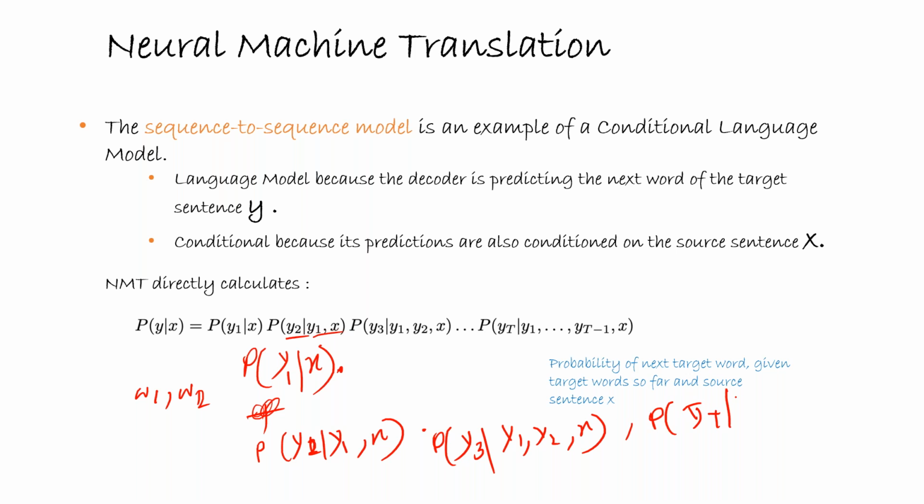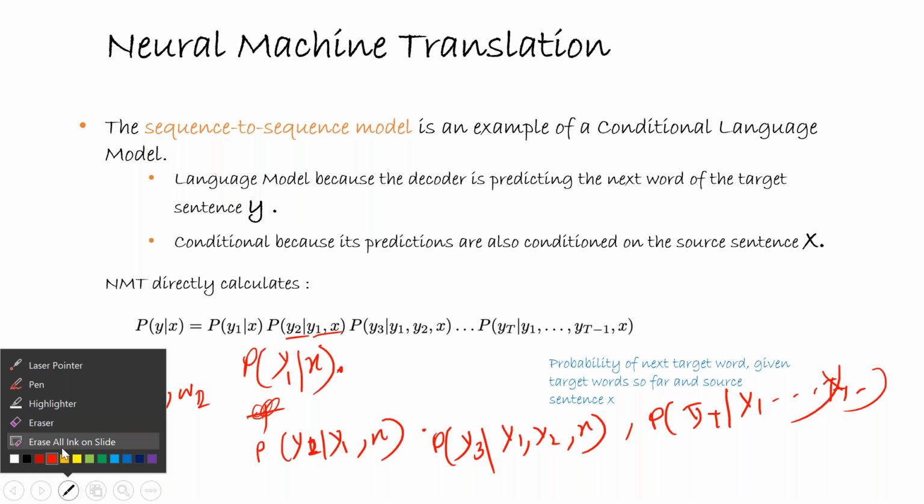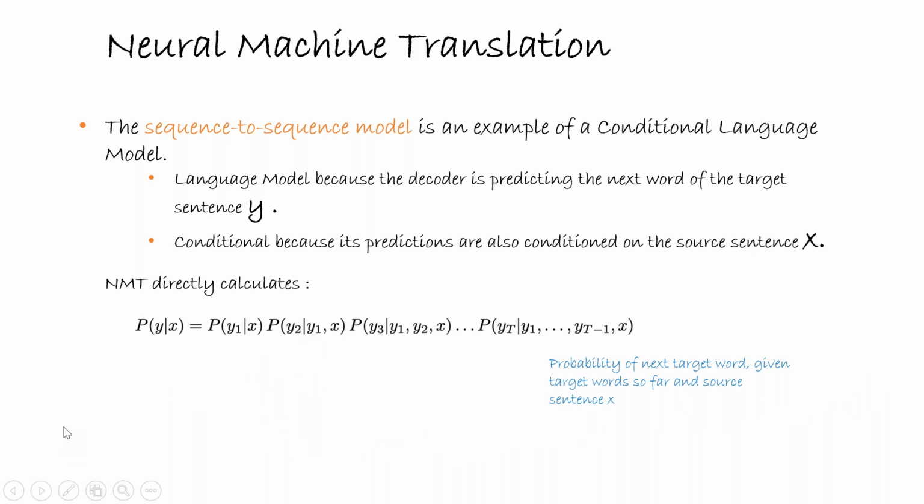Probability of Yt given Y1, Y2, up to Yt minus 1 and X, right? This is how we do the calculation: the probability of the next target word given the target words so far and the source sentence. So we are taking care of the history and of what would be predicted next, right? Is it clear? This is where the conditional probability becomes very useful to this technique.